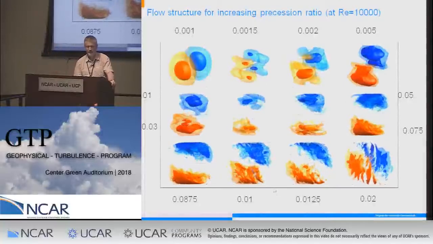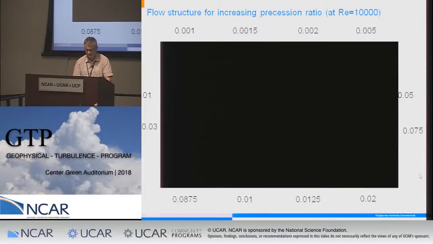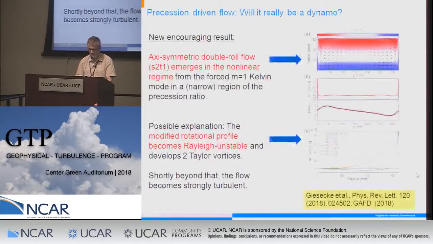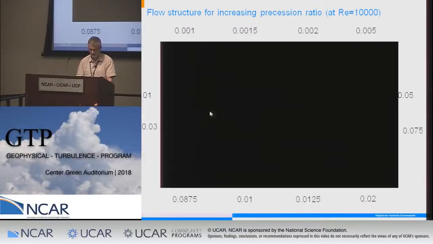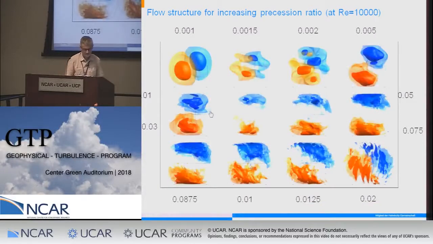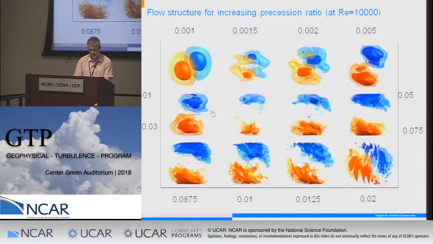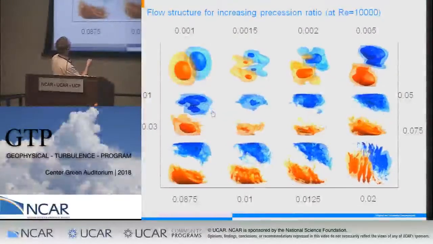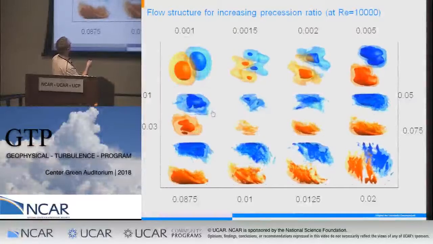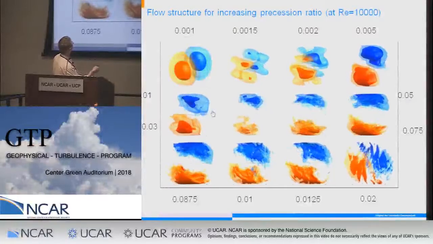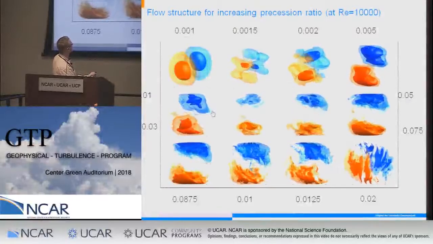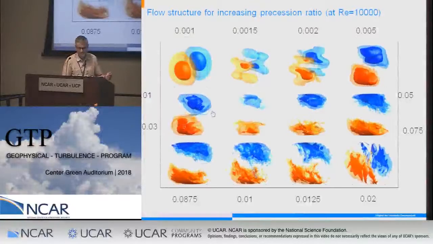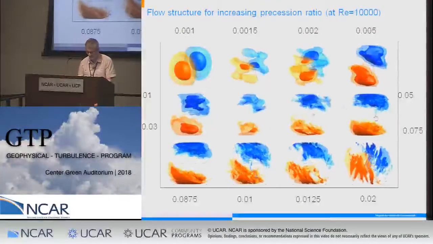And you see here, if this is small, so we have our first Kelvin mode, then we get our triadic resonances with M4 and M5. They get much more complex, and approximately here, at those precession ratios, the flow becomes completely turbulent.